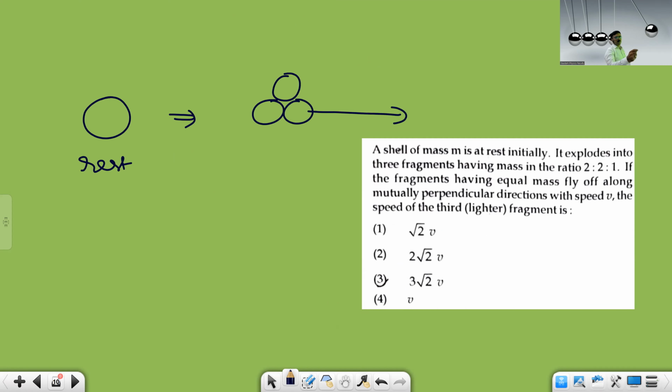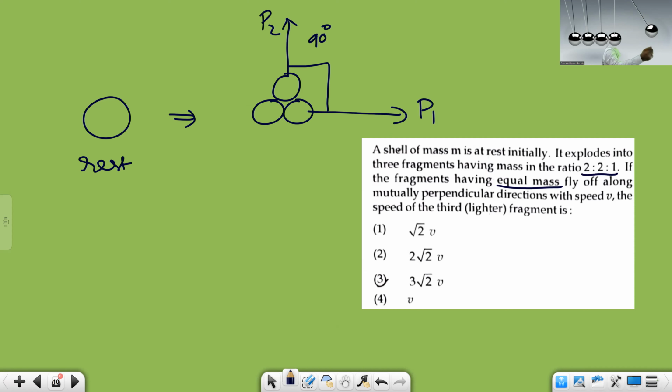They told the mass ratio as 2:2:1, and the two which have equal mass fly along perpendicular directions. That means one is moving in this direction, the other one is moving in this direction. They are perpendicular to each other.